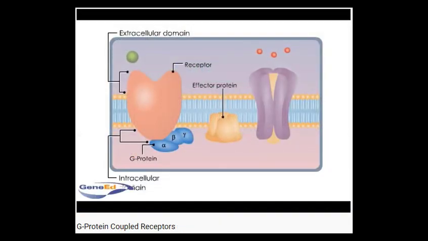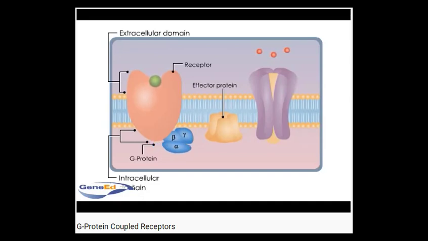G-protein-coupled neurotransmitter receptors do not have ion channels as part of their structure. Instead, they function through intermediary molecules called G-proteins. These receptors also have 2 domains. As before, an extracellular domain binds neurotransmitters. However, here, an intracellular domain binds to G-proteins.